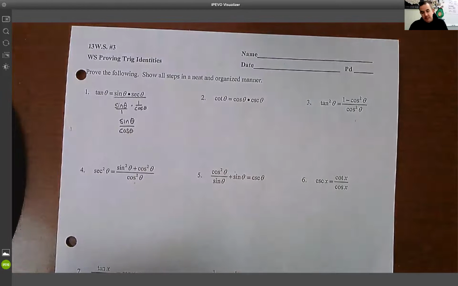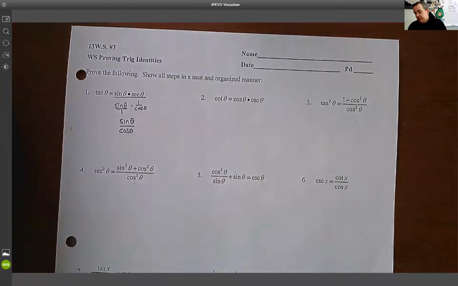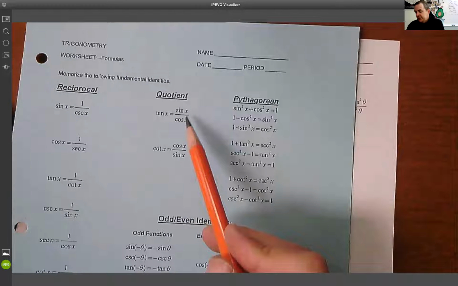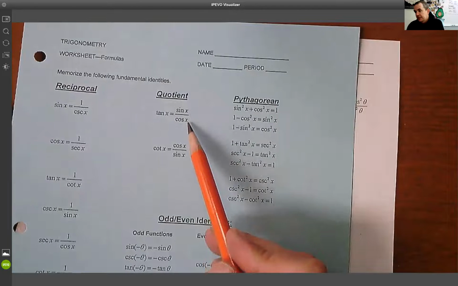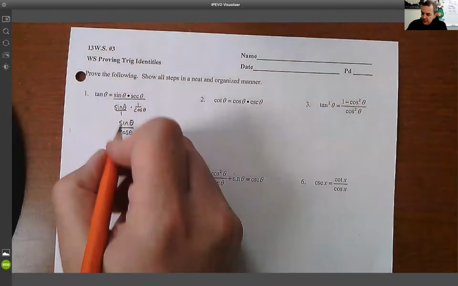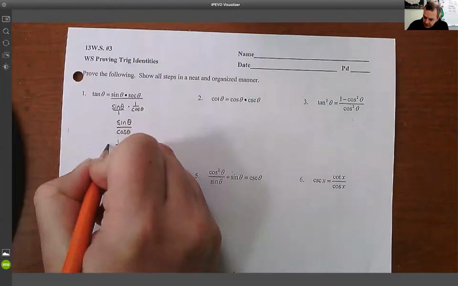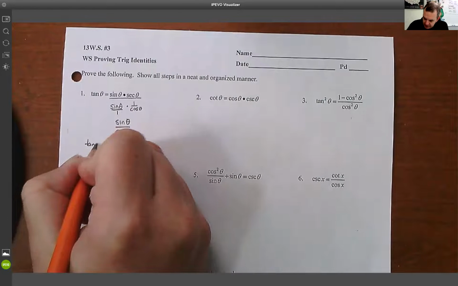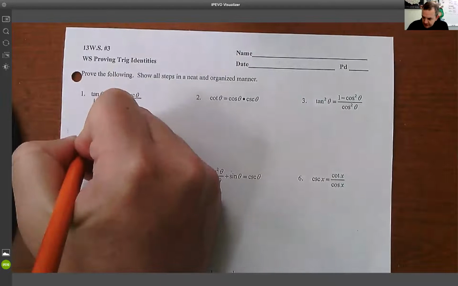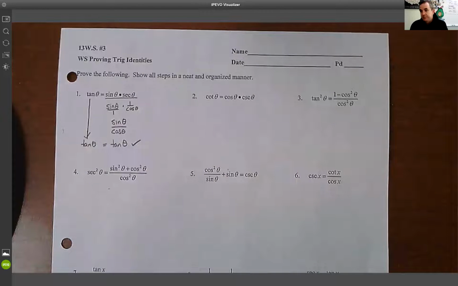Now I've brought that together into one term. And I notice that sine x over cosine x is tangent x. So this term is equal to tangent theta, which is equal to what we had at the beginning. So we've proven that it's true.